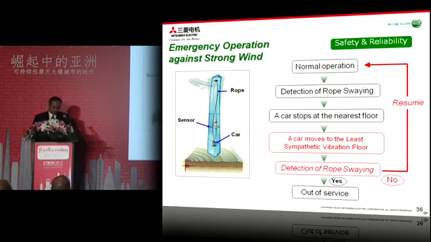After passenger evacuation at the nearest floor, once rope sway is detected, the car stays at the least sympathetic vibration floor, detecting the rope swing at 2 times during a certain period. Then, if no rope swing is detected, the elevator can be resumed to normal operation by itself.